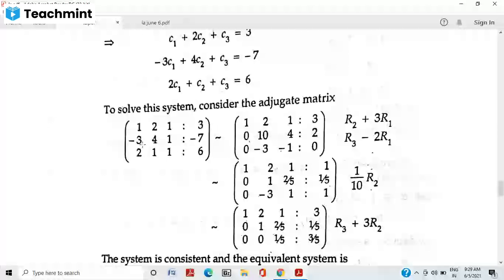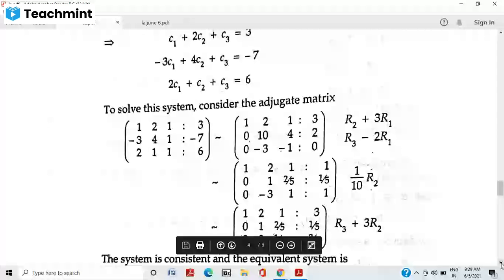Then what can we write? R2 plus 3R1. Then the next one, this 2, I should make it 0. Then what can we write? R3 minus 2R1. Now simplify that. All of you should try yourself to reduce the matrix into row reduced echelon form.